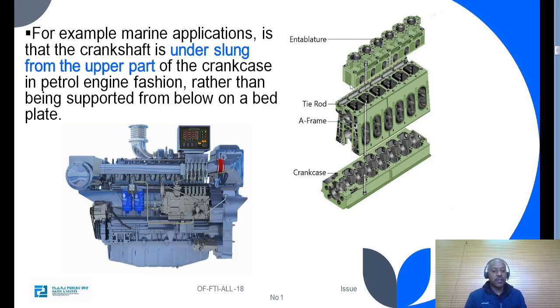This is the engine designed for marine application. So the crankcase and the lower part of the engine block has unique feature comparing with the ordinary diesel engine.